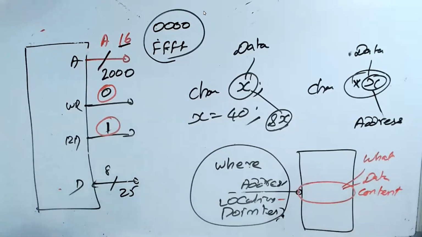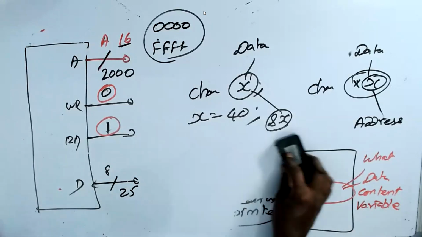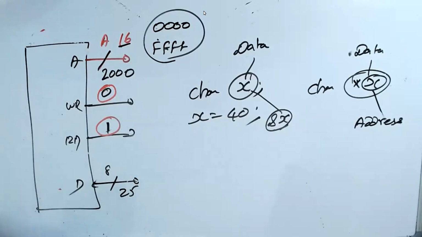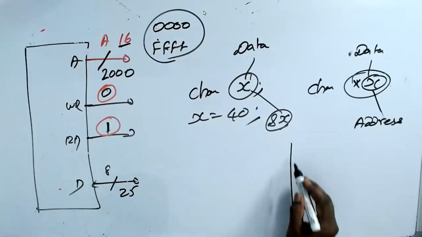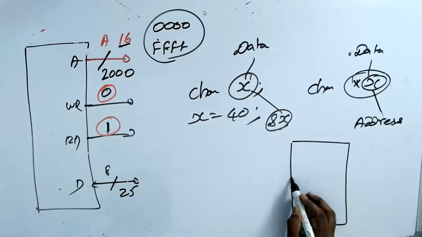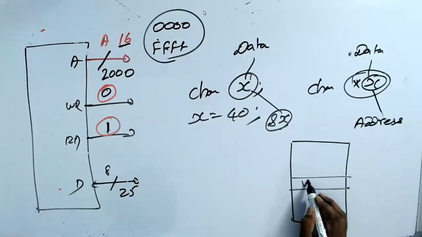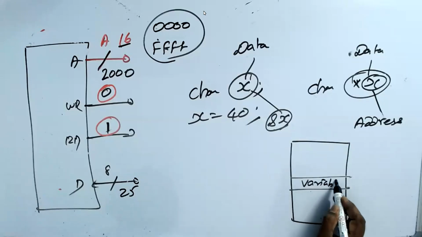What content is there? And the pointer we call a variable. You understand? It's a variable. Why do we call it variable? Because we are changing it. So if you take C programming, in memory, this is the variable. This is the pointer.